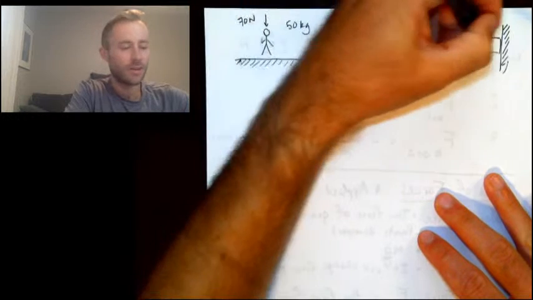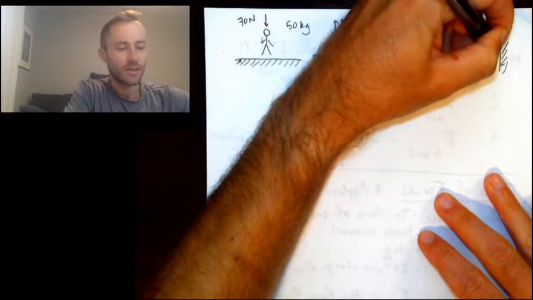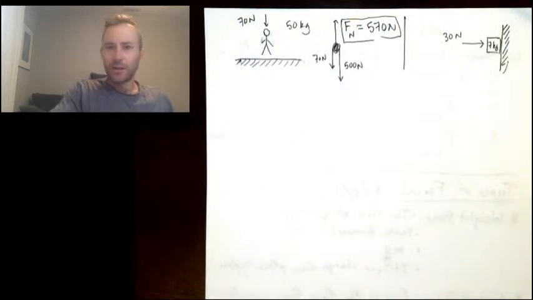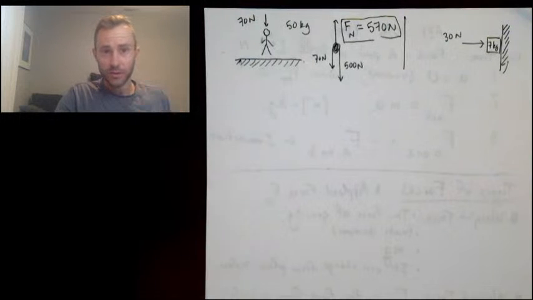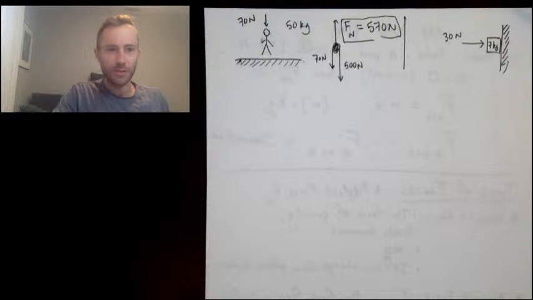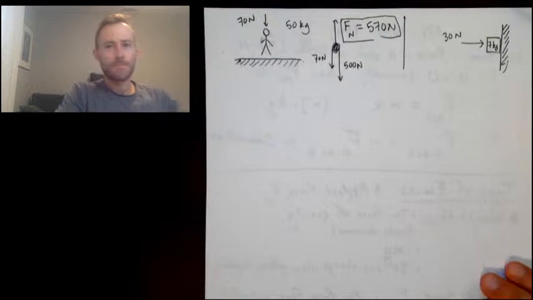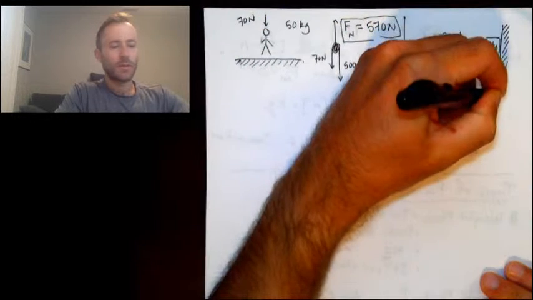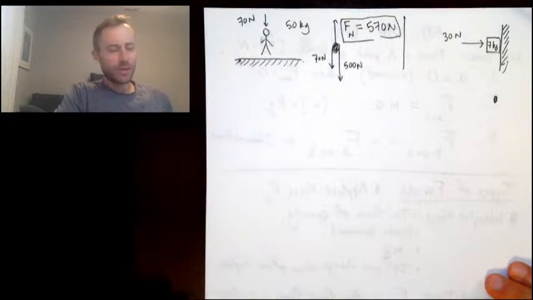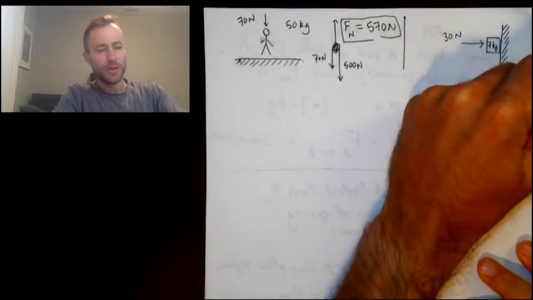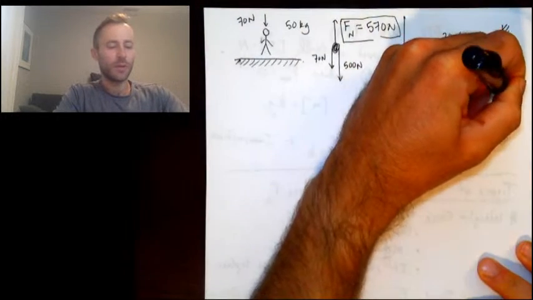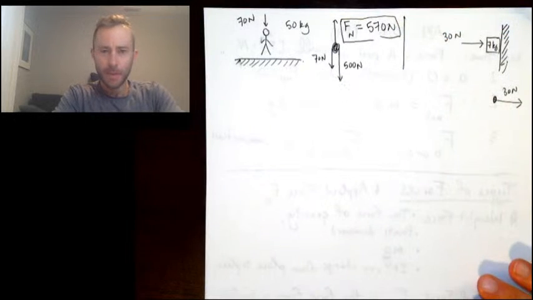And let's say that it is a 7 kilogram box. Type it into the live chat if you know what the size of the weight force is on a 7 kilogram box. Okay? Type it into the live chat if you know. So in this case, we have the 30 Newton applied force going to the right.